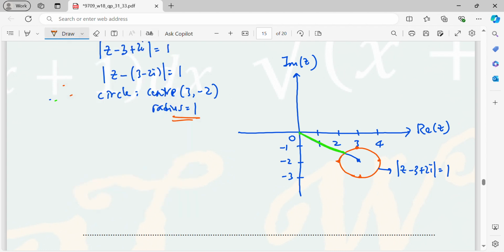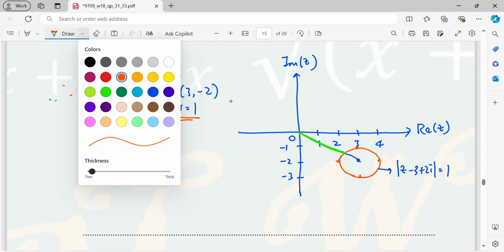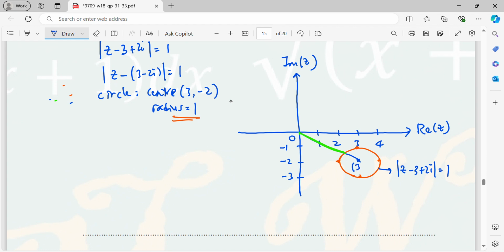I know the center is 3, 4, and the radius is 1. So the blue line is 1 unit, and you need to find the green line. So I will just use 2 points, 0, 0 and 3, 4, to find the green line plus the blue line.